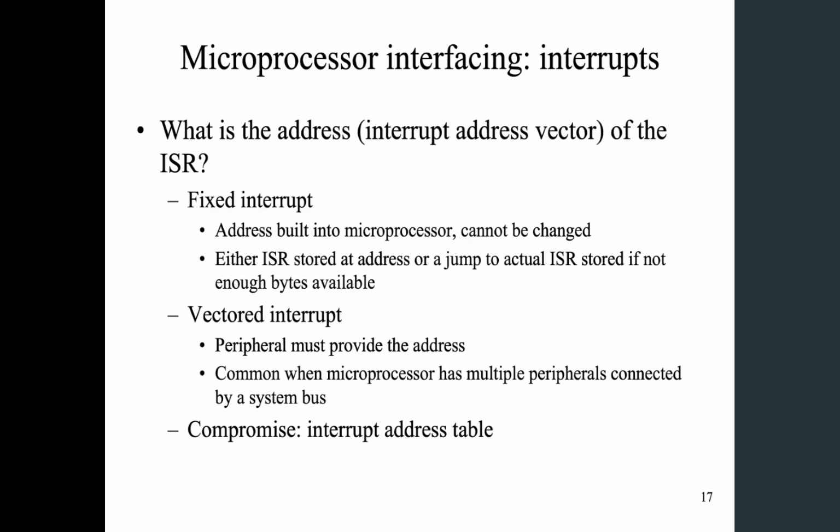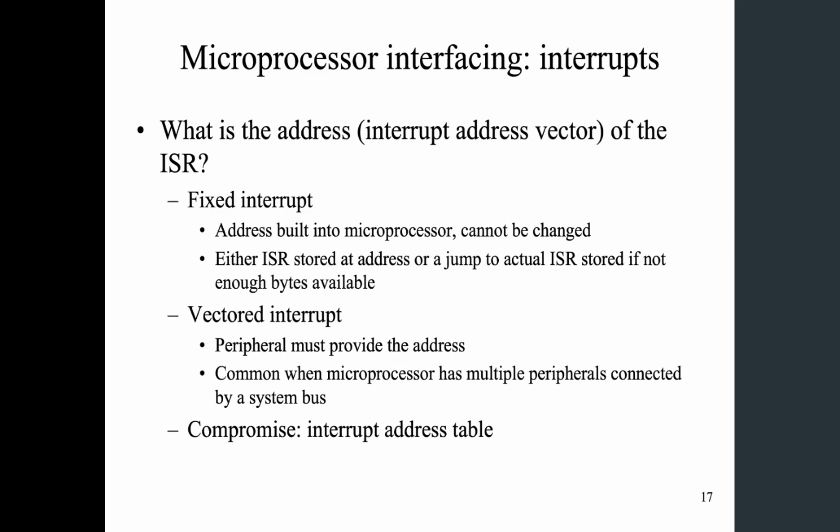So this address is built into the processor and cannot be changed. So the ISR can be stored at that address, or you can put a jump instruction at that address and then jump to another address. But either way, there's only one interrupt, and the address is sometimes like 004, 008, and that's the fixed interrupt address.